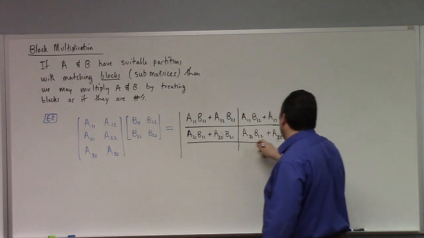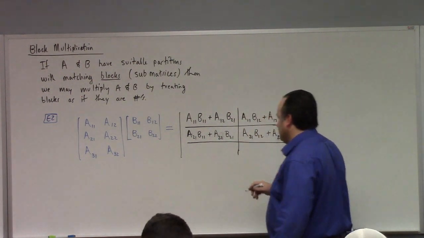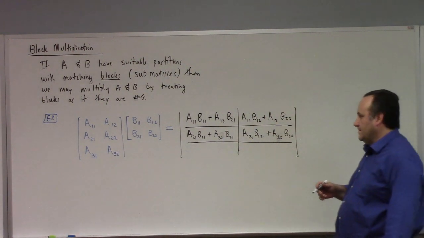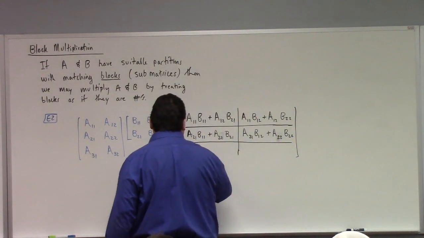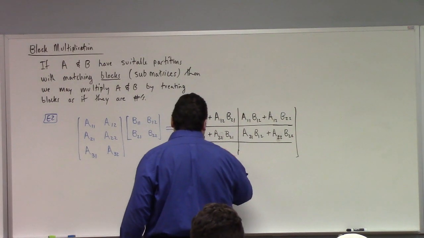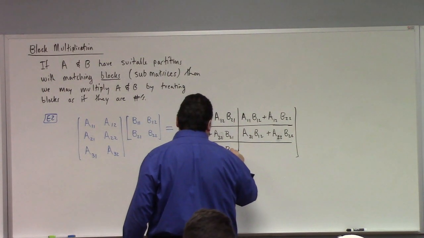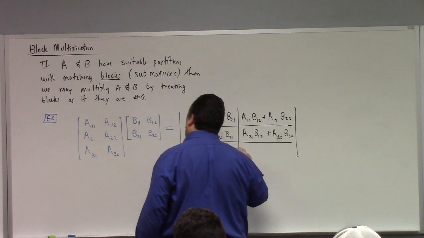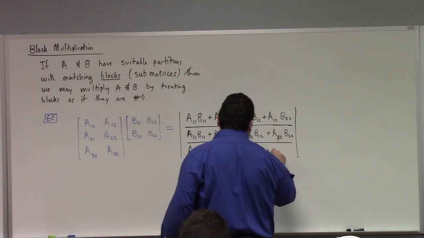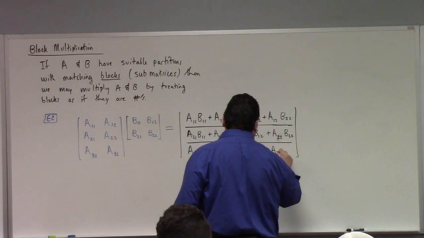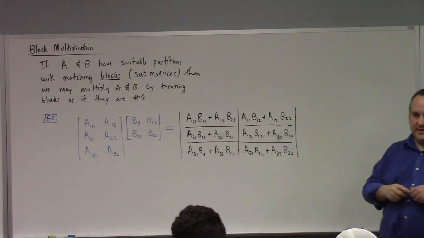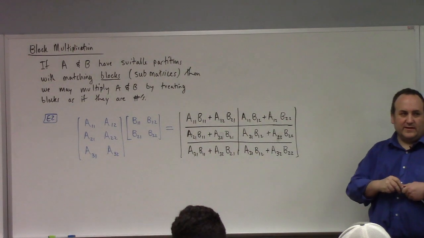What goes in the third row here? A31 B11 plus A32 B21, and then A31 B12 plus finally A32 B22.